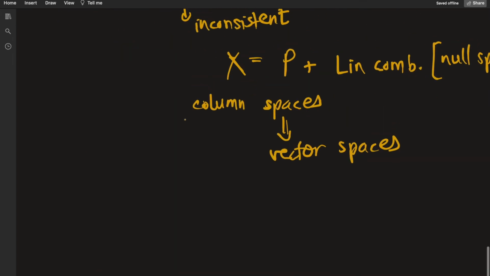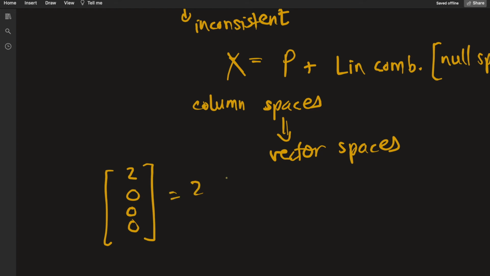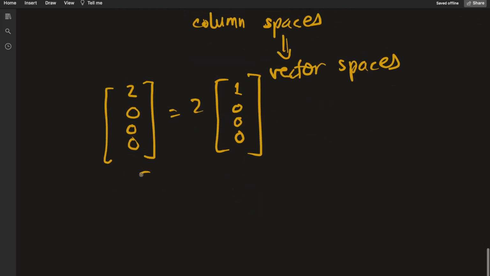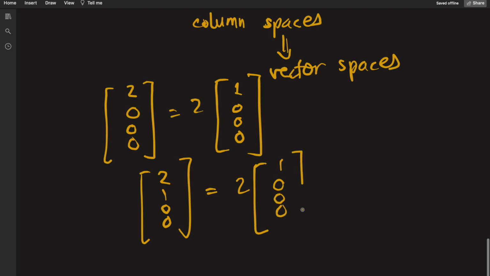For example, this second non-pivotal column 2 0 0 0 can be expressed as 2 times the first pivotal column, and 2 1 0 0, the fourth one, can be expressed as 2 times the first pivotal column plus, I believe, 1 times the third pivotal column.